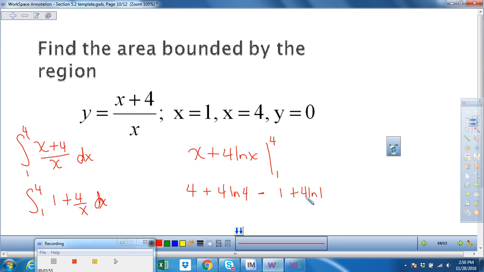As I said before, natural log of 1 is 0. So that gives me 4 minus 1, which is 3, plus 4 natural log of 4. Be careful with your parentheses. And of course we could write that as 3 plus the natural log of 4 to the 4th, which I think is 256, but don't quote me on that, so I'll just write it that way.